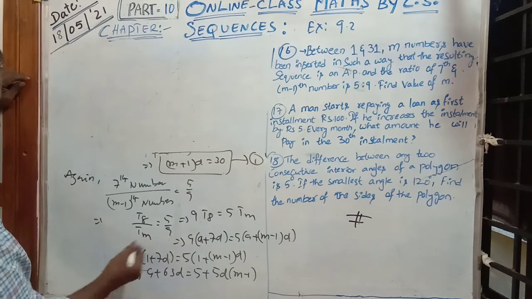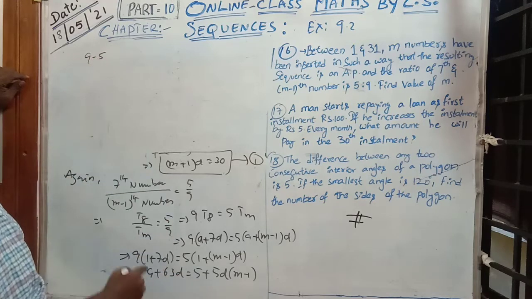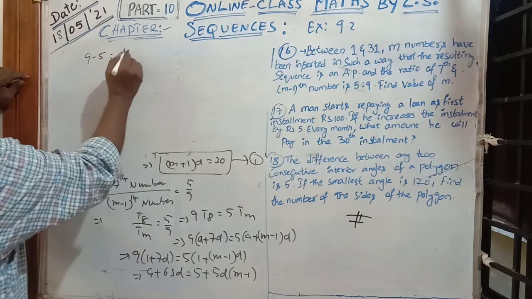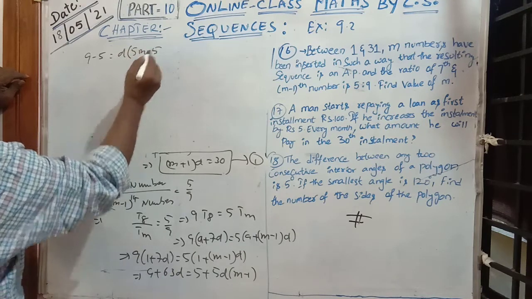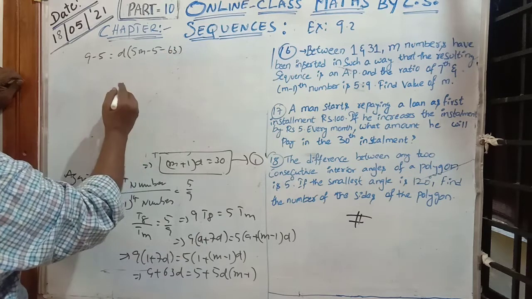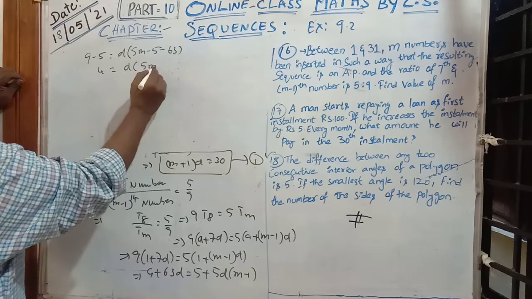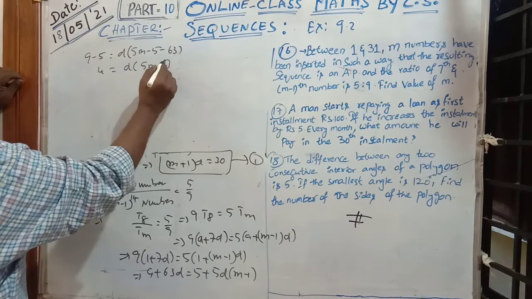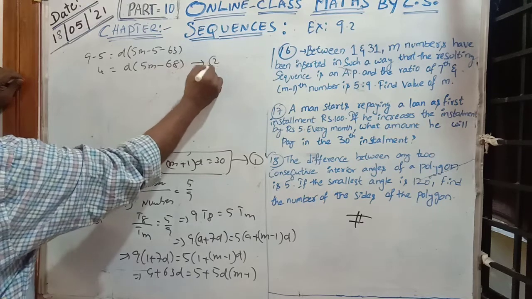It is 9 plus 63d. 9 minus this 5 is equal to d of (5m minus 5 minus 63). 4 is equal to d of (5m minus 68). So it is the number 2.